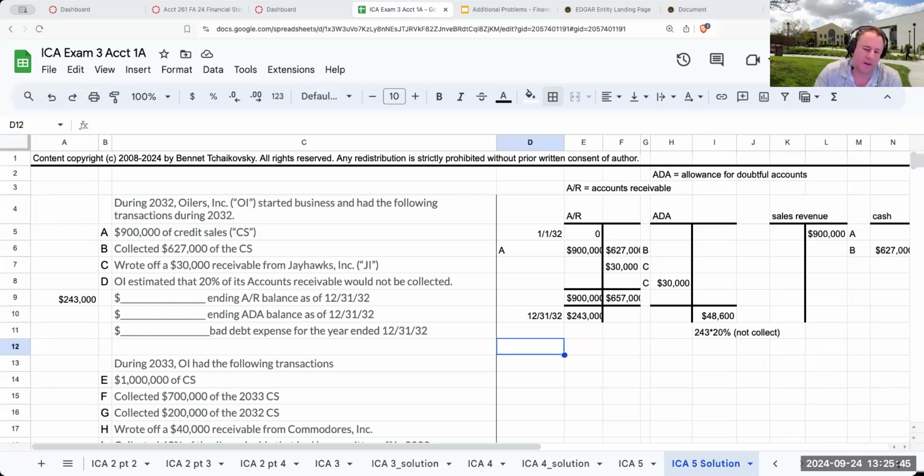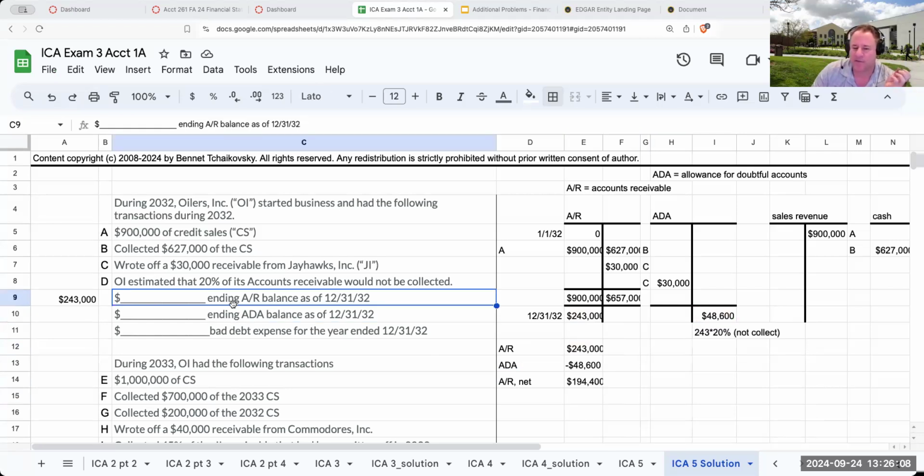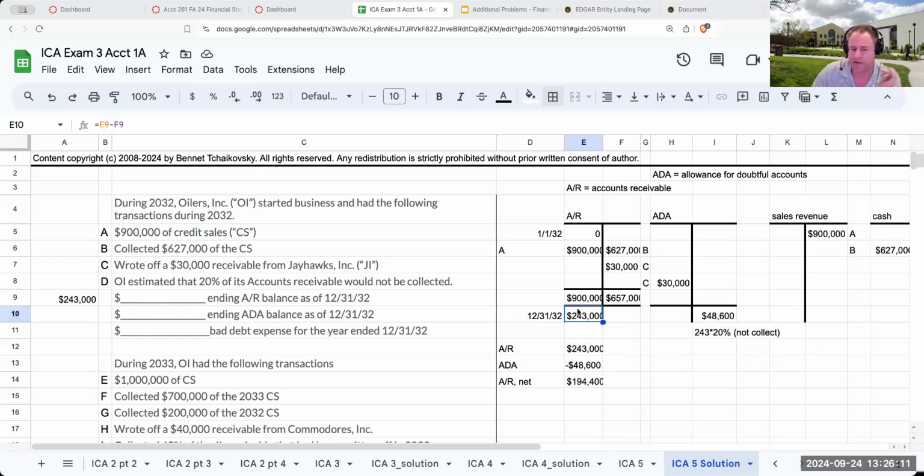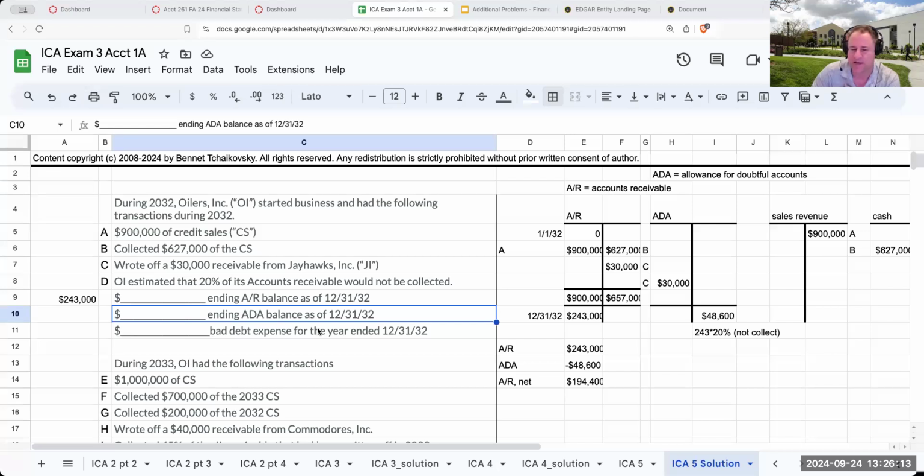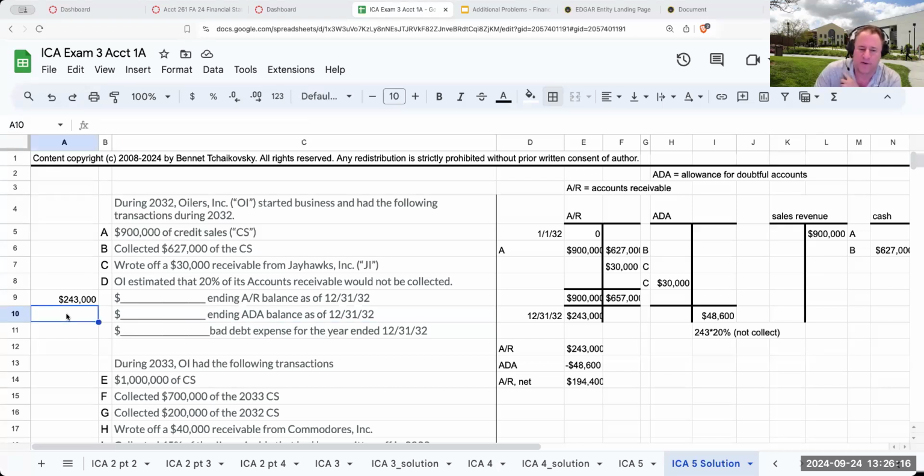Well, on my balance sheet, I'm going to show accounts receivable of 243 less the allowance for doubtful accounts, which gives me accounts receivable, net, of 194,400. And really, when I see this, I'm asking for the ending gross balance, not the net balance, especially since I'm asking for the ADA. So right over here, my ending allowance for doubtful accounts is going to be 48,600.